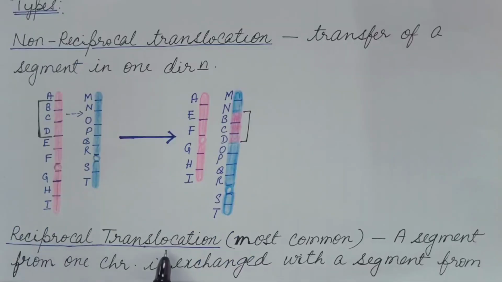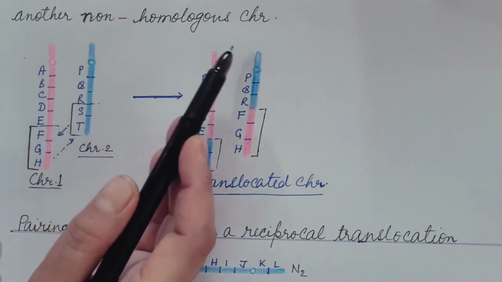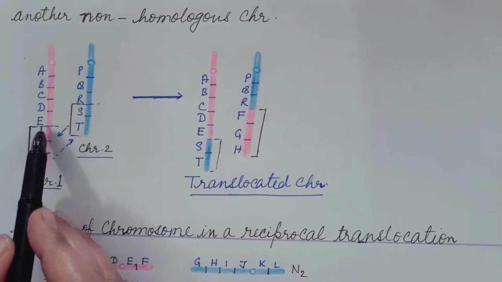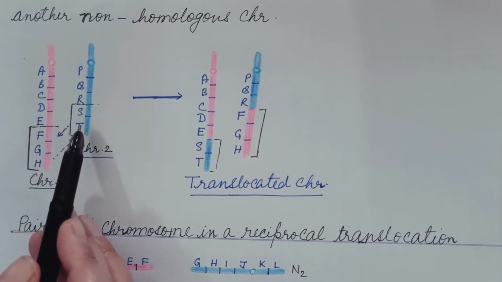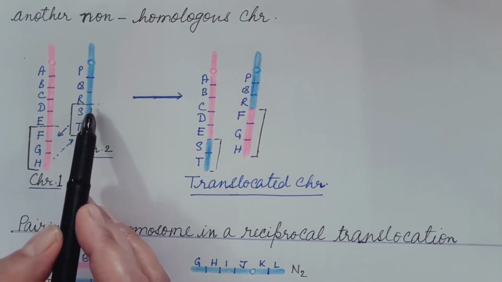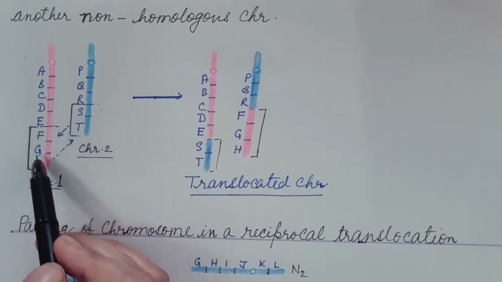Now the reciprocal translocation, this is the second type of translocation which is most common. Here a segment from one chromosome is exchanged with a segment from another non-homologous chromosome. Here from chromosome 1 a segment breaks and it attaches to chromosome 2. From chromosome 2 also a segment breaks and it attaches to chromosome 1.